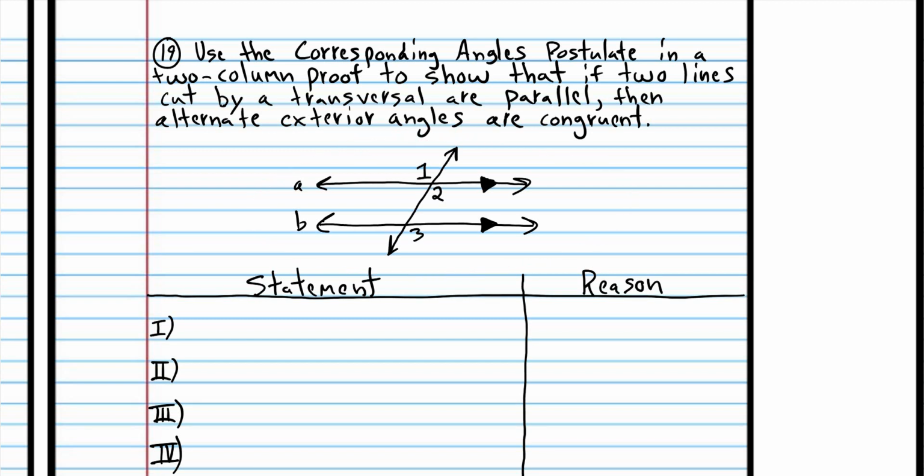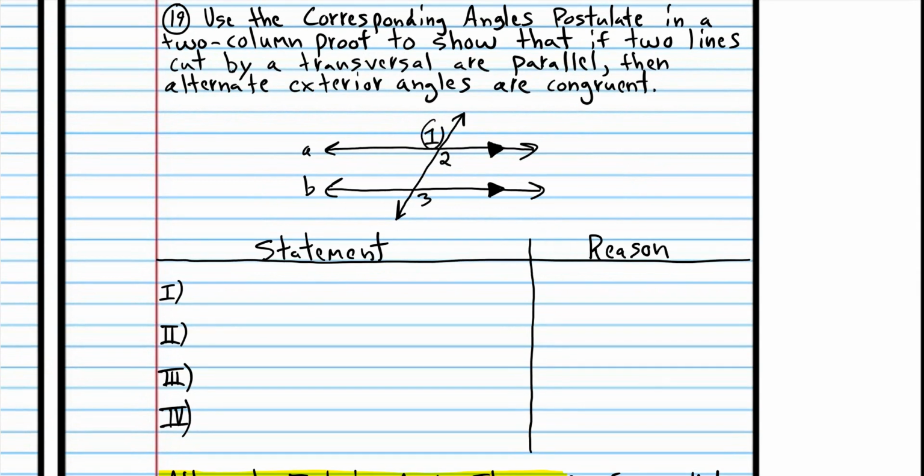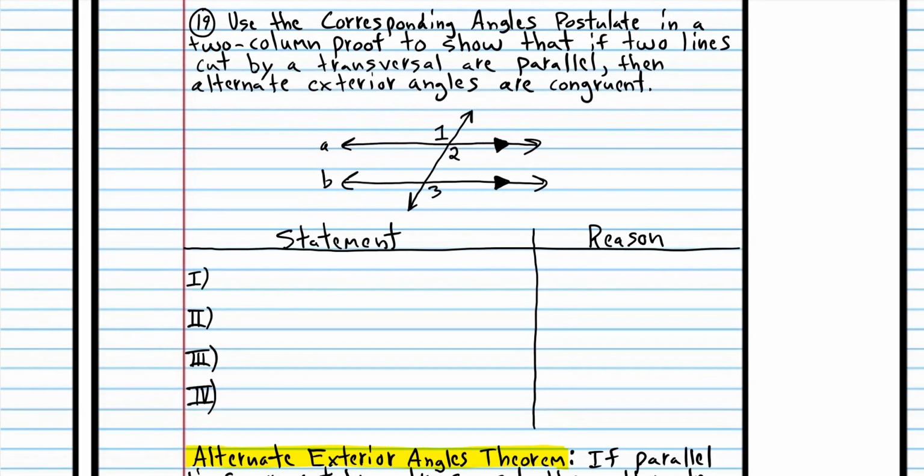We're going to prove that angle 1 is equal to angle 3 because those are alternate exterior angles. They're exterior and they're on either side of the transversal. So we're going to show the measure of angle 1 is equal to the measure of angle 3.